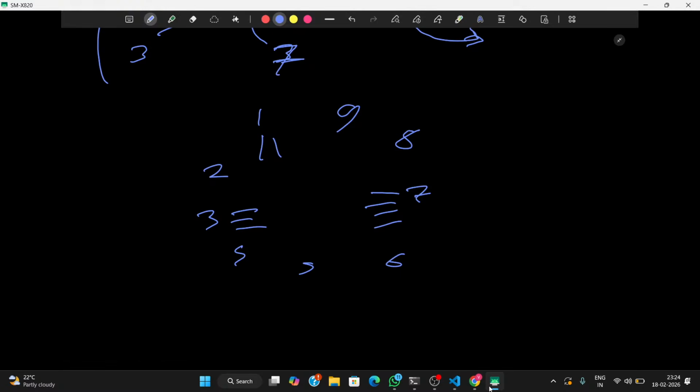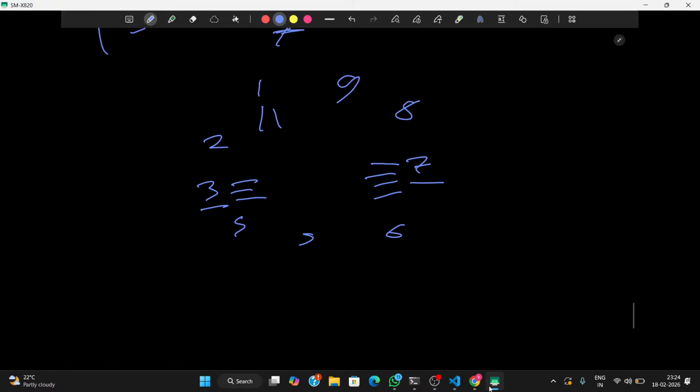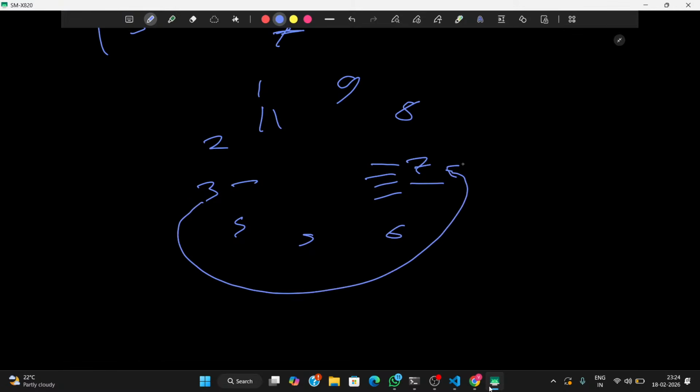So first of all, we need to connect these particular values that have edges. Suppose we took three. We take two edges of three and connect it to seven. So three is connected to seven and three is also connected to one now. And three has one edge remaining.